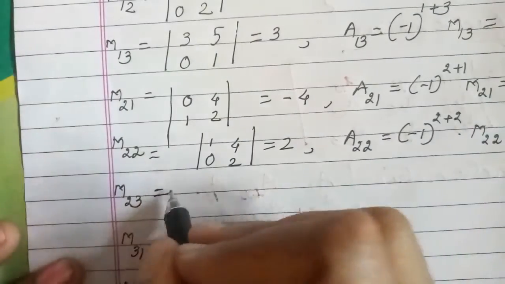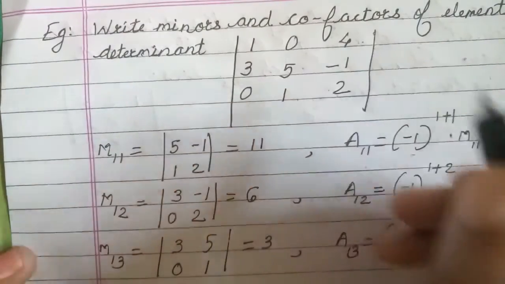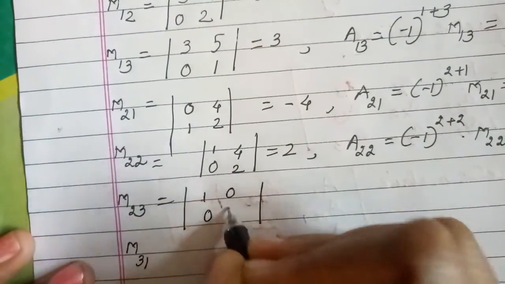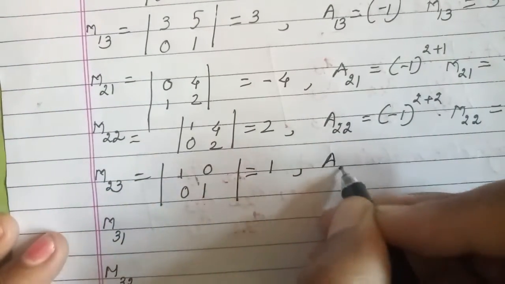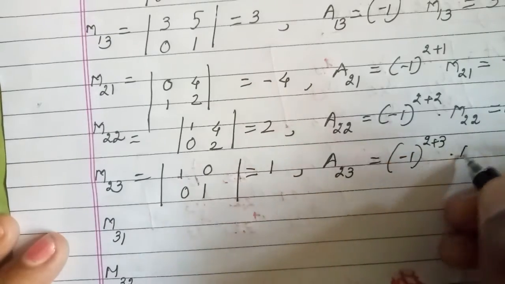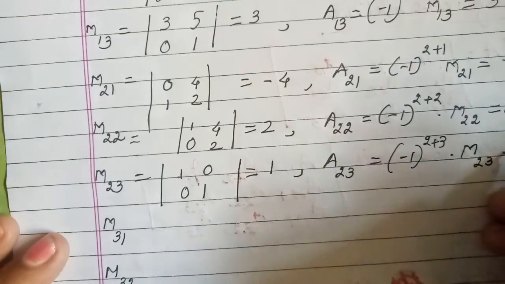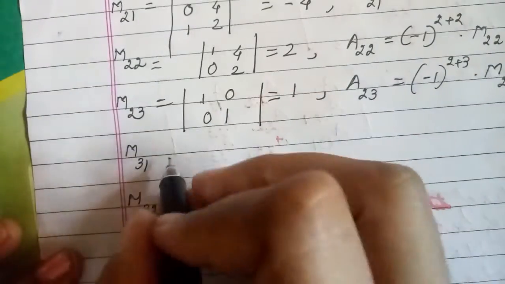Now M23, second row, third column. 1, 0, 0, 1. So 1 minus 0 is 1. So A23, because its position is negative, is minus 1. Very easy children, and you can easily score your marks.